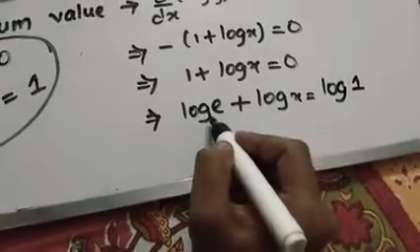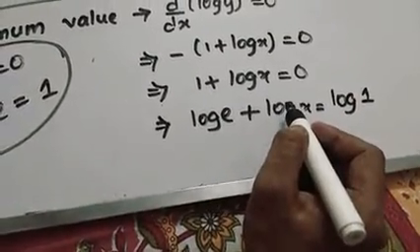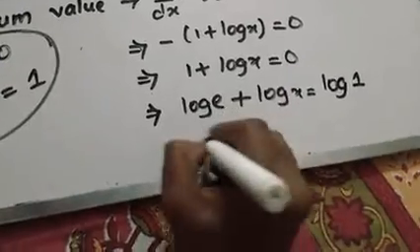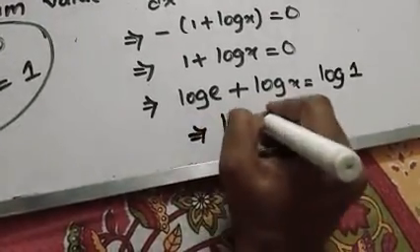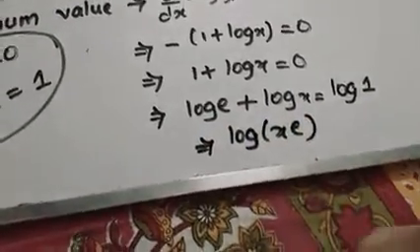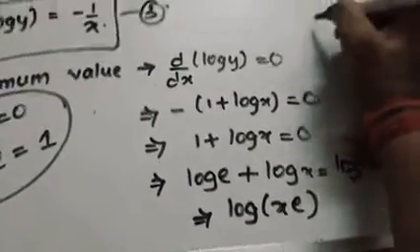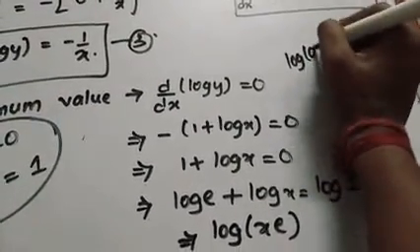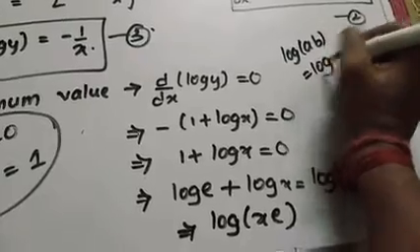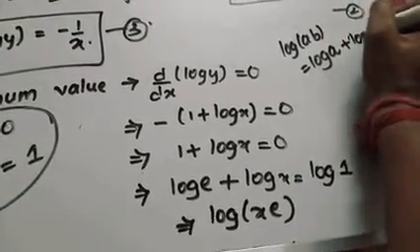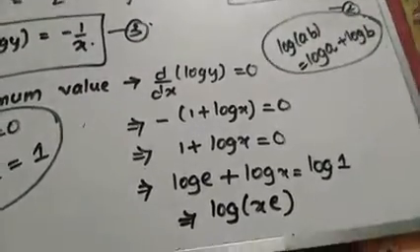Now log a plus log b, we know the formula: log a plus log b equals log of ab. Did you remember that formula? This is the property.